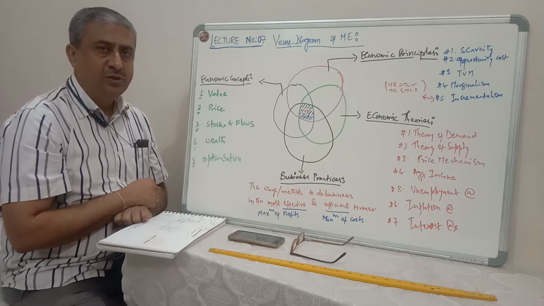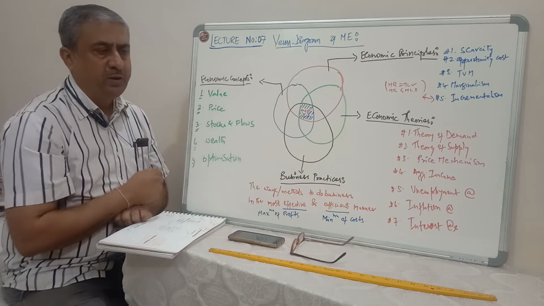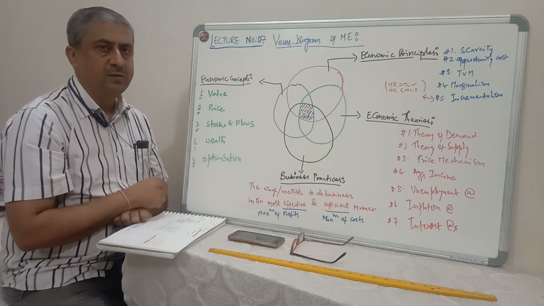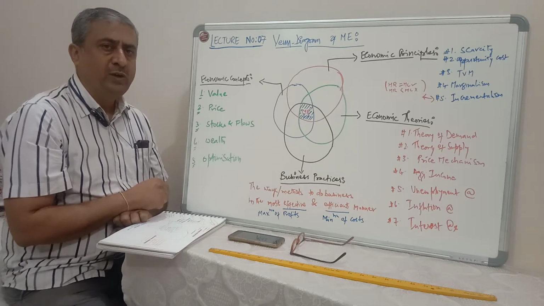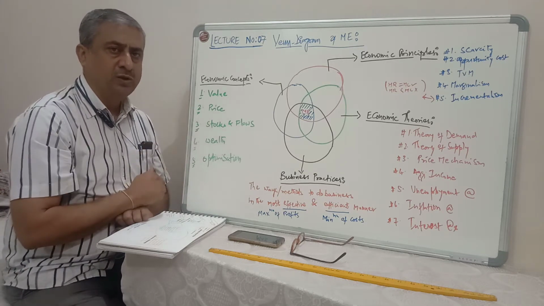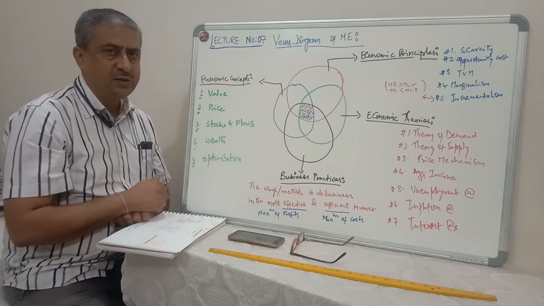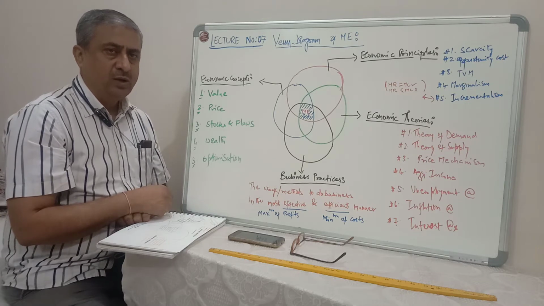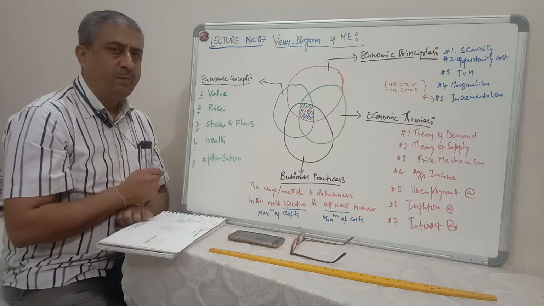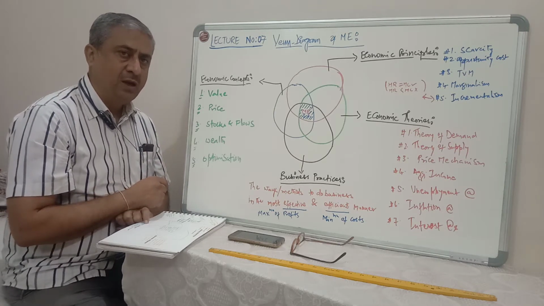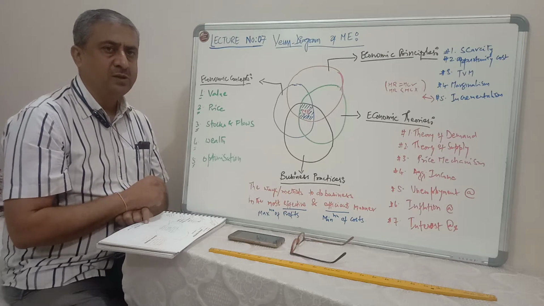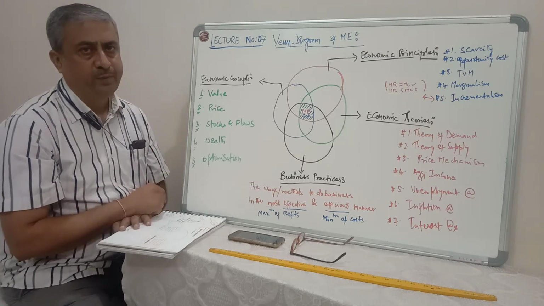It's an integration of economic principles and theories so that we can understand economic concepts and enhance business practices, so that our decision of profit maximization and cost minimization is possible.